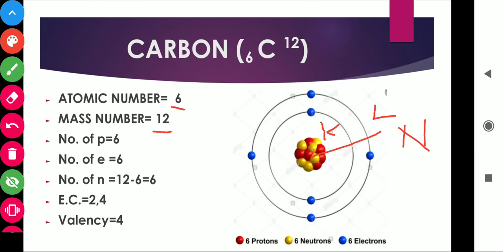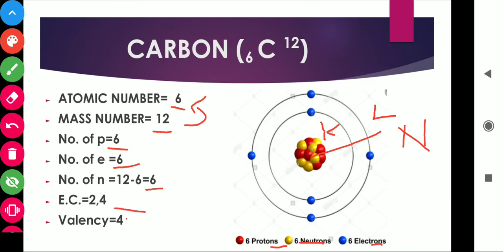Atomic number is 6. It means number of protons is 6, number of electrons is 6. And when we calculate the number of neutrons present in the nucleus, it is mass number minus atomic number, which will be 6. Electrons 6, protons 6 and neutrons are also 6.